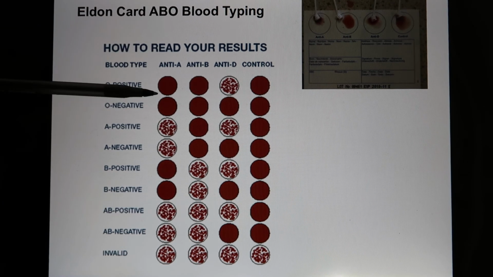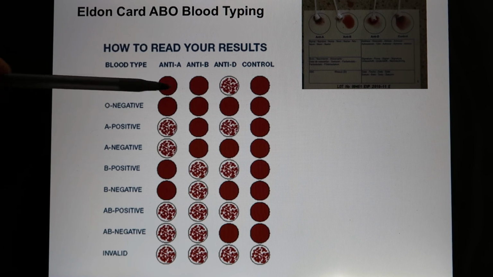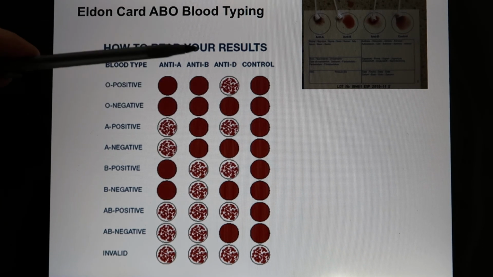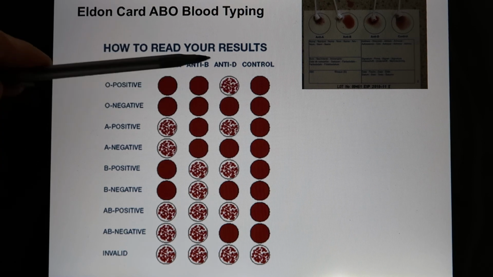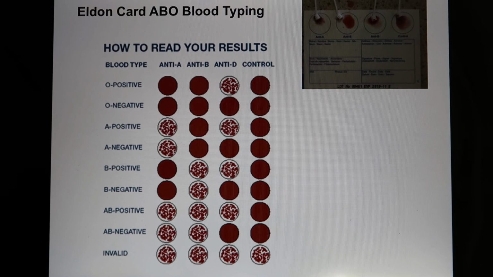And if you see no clotting in A, no clotting in B, no clotting in RH, this person's blood type is O negative. And if we see no clotting in A, no clotting in B, but clotting in RH, this person's type is O positive. So that's exactly how we identify the blood type. Okay, that's it.